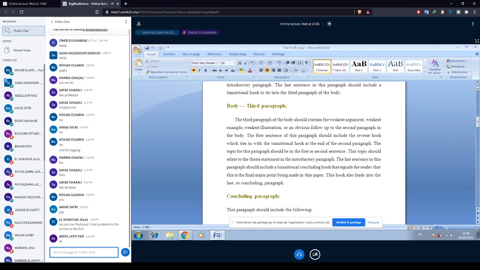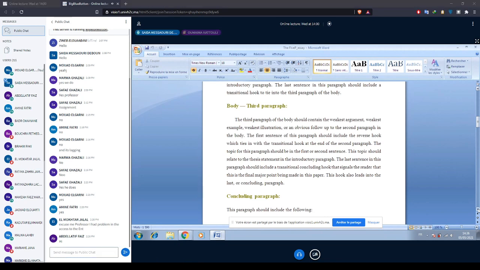So the first sentence of this paragraph should include the reverse hook, the tie, the link, whatever, which ties in with the transitional hook at the end of the second paragraph. The topic sentence should be in the first or second sentence. It should always be there, obligatory.